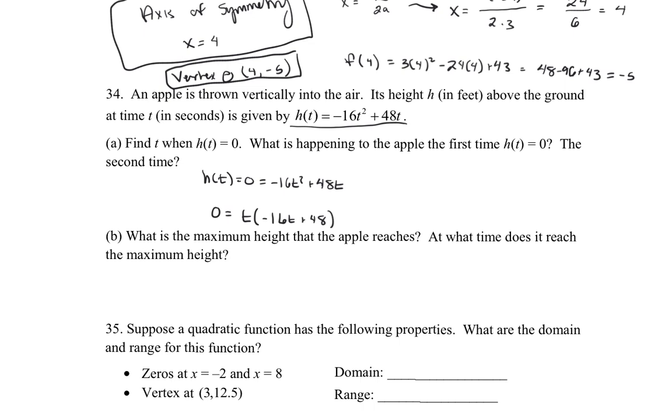So now we have two different pieces that could each be 0 to satisfy that. So the first one is just t equals 0. Now t equals 0 just happens right before it's thrown, right as it's thrown.